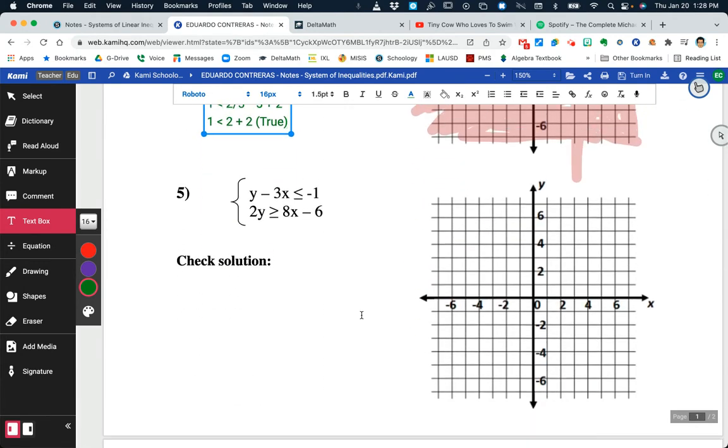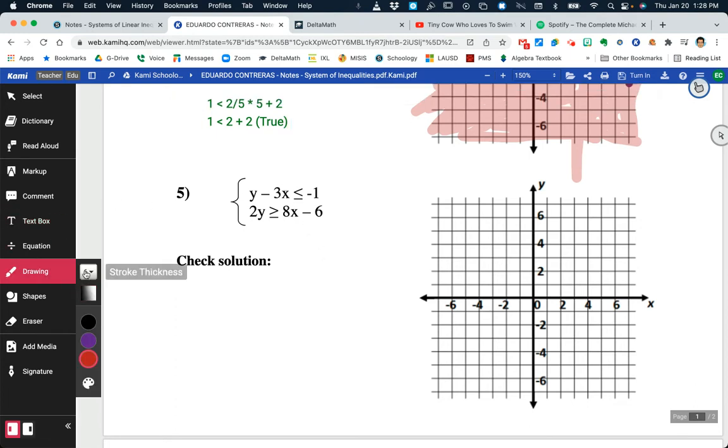Next one. So I could see this one, we have to rewrite the inequality. And we'll just do it quickly on the fly if you don't mind. So for this one, we're going to move the 3x over to the other side.